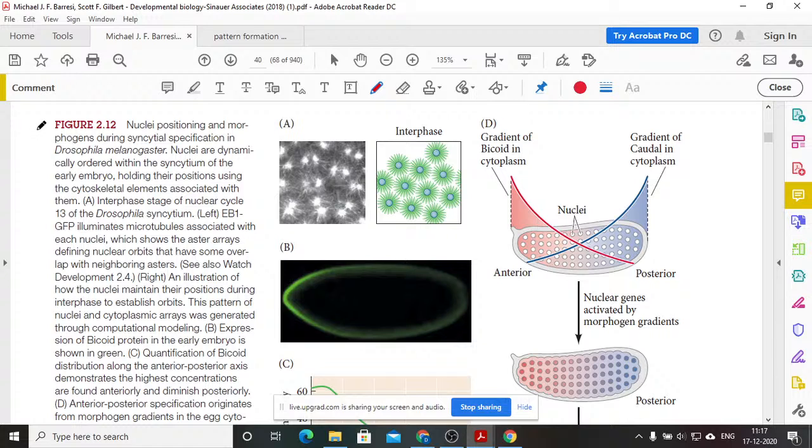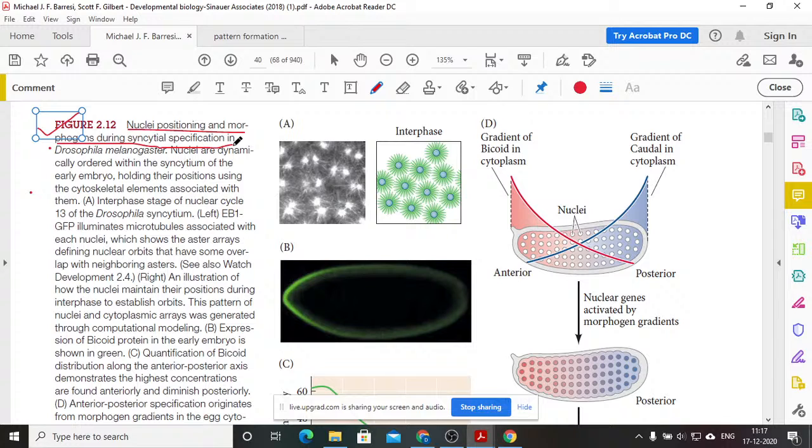This is an important picture from Gilbert, figure 2.12: nuclei positioning and morphogens during syncytial specification in Drosophila melanogaster.